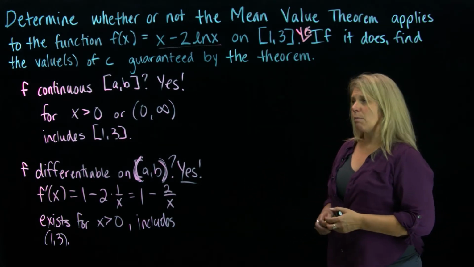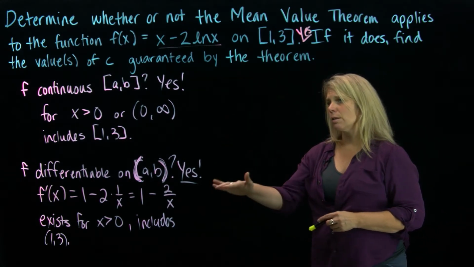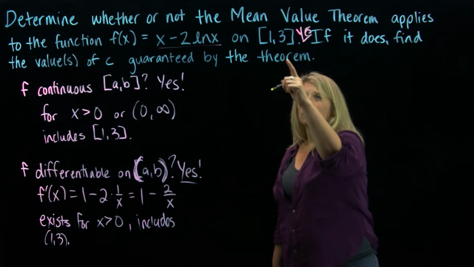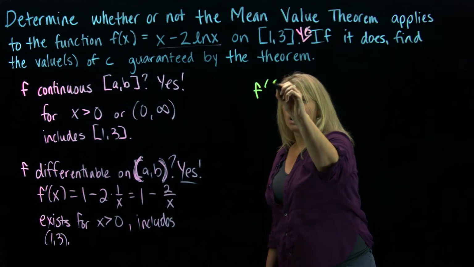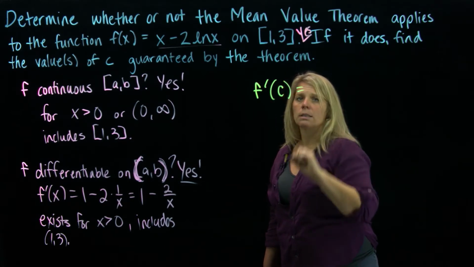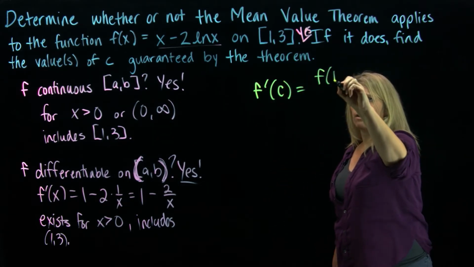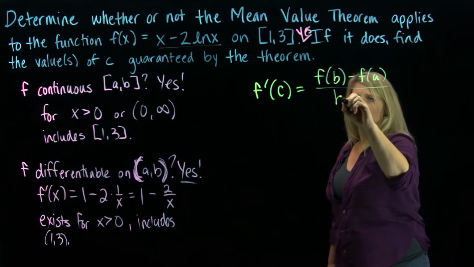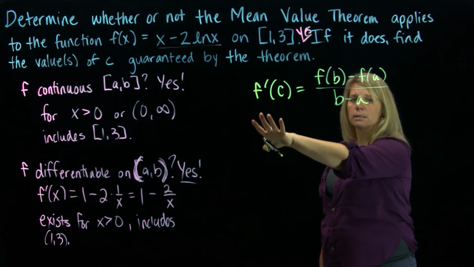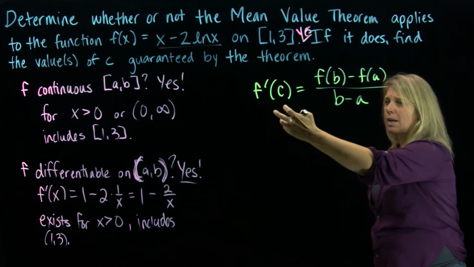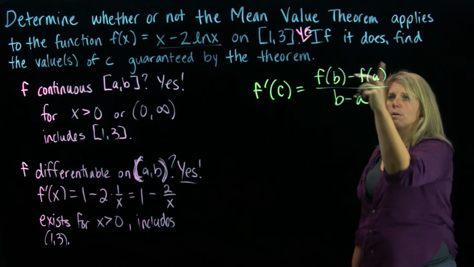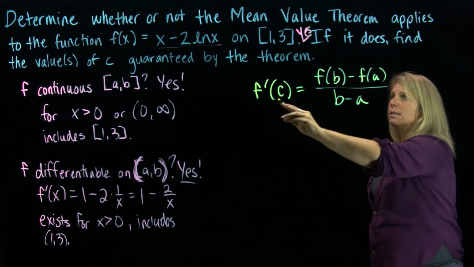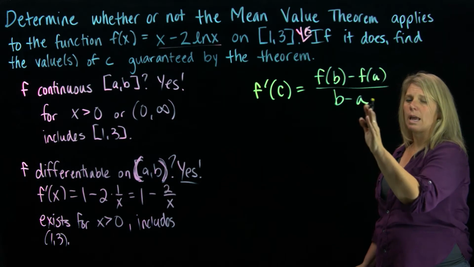The conclusion of mean value theorem says if these two conditions are met, then there is an x equals c such that f prime of c is equal to f of b minus f of a over b minus a. Instantaneous rate of change, or slope of tangent line, is equal to average rate of change, or slope of secant line. And this c value will be between a and b.